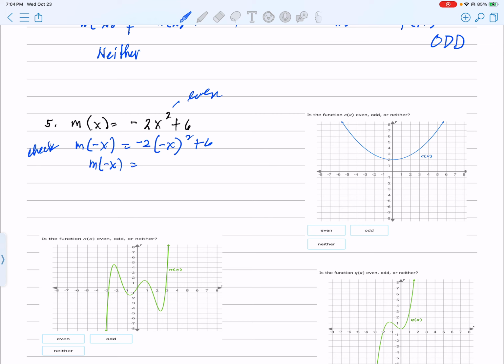Negative x squared is positive, times negative 2, that is negative 2x squared plus 6. So we come up with the same given function. So m of negative x is equal to the function m of x. That is why this is an even function.